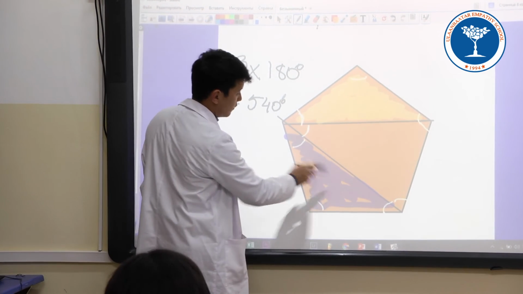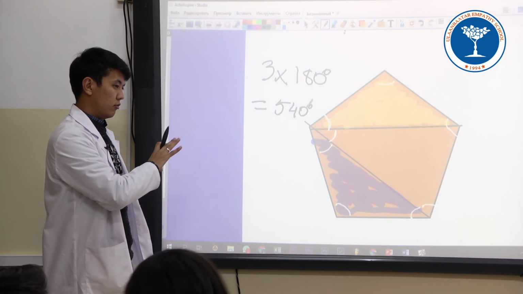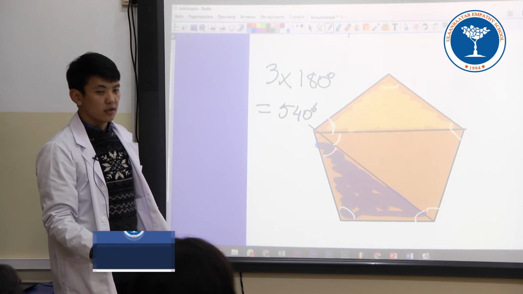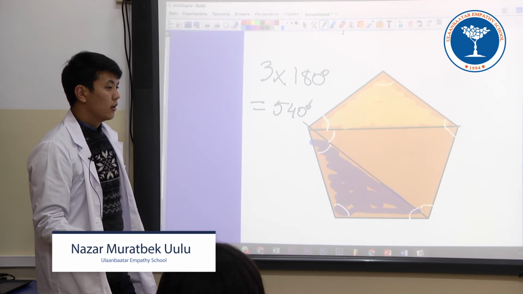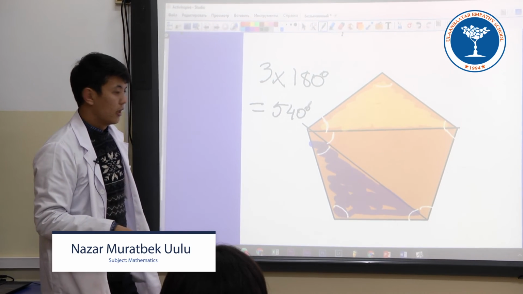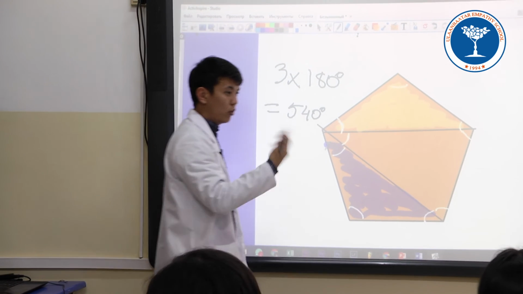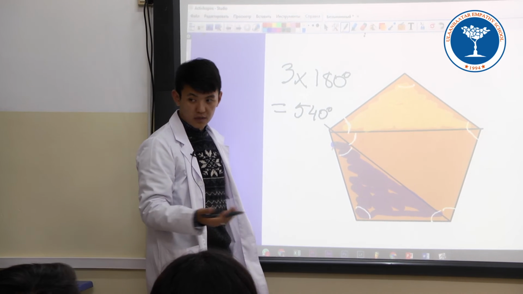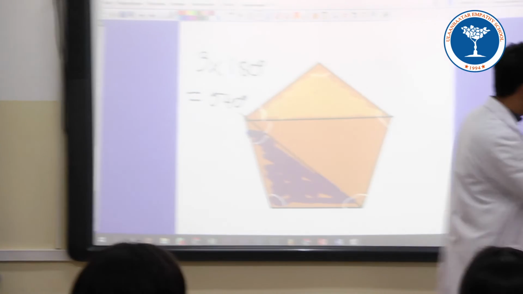We have a pentagon here, okay? But a pentagon has 5 sides, and we have 3 triangles in total. Why do we have fewer triangles than the number of sides? Because the 2 sides are already there, okay? They cannot overlap. Now, for example, we can draw it here also.